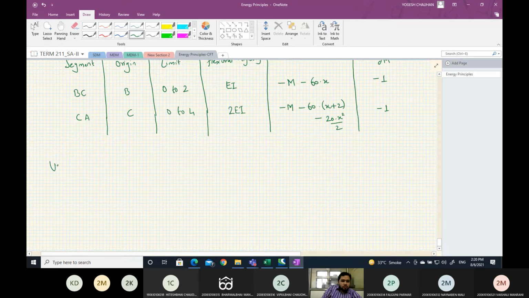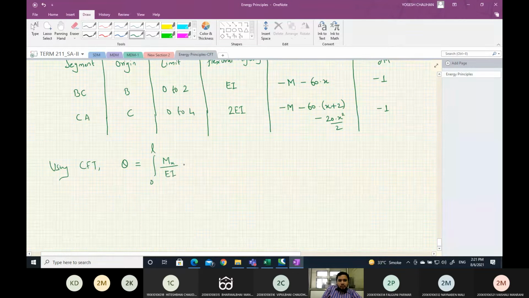So now using Castigliano's first theorem, theta is equal to integration from 0 to L of Mx by EI into del Mx by del M into dx.